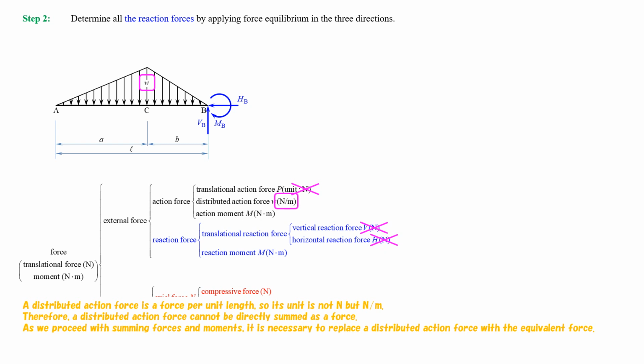Therefore, a distributed action force cannot be directly summed as a force. As we proceed with summing forces and moments, it is necessary to replace a distributed action force with the equivalent force.